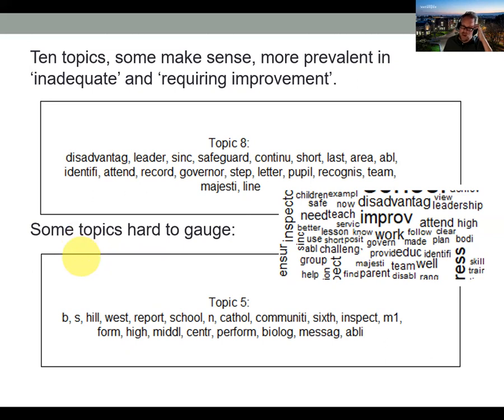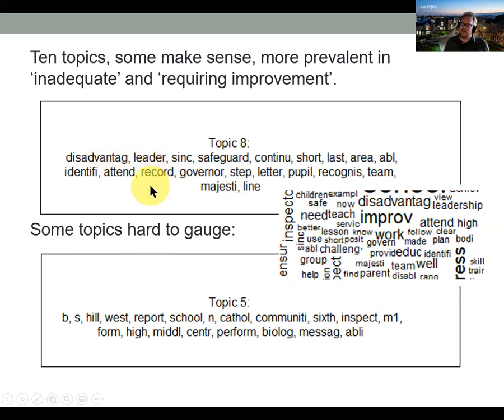But just to show you what it looks like, for example, there was a topic where words like disadvantage and safeguarding and governors appear. So you could say, I would summarize this perhaps as pupils who were perhaps struggling and were a bit disadvantaged in this particular topic.